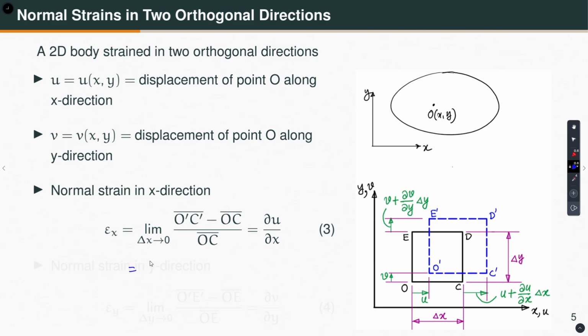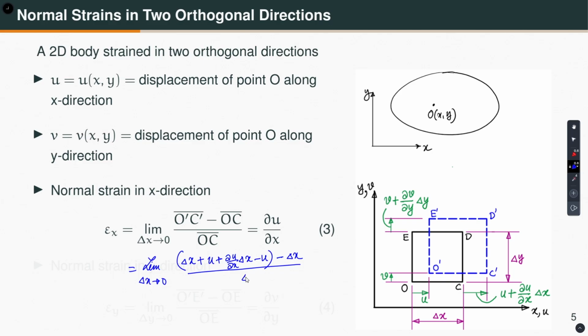If I write limit delta x tending to 0, O prime C prime is basically my delta x plus u plus del u del x times delta x minus u. This is my O prime C prime. And what is OC? OC is delta x.